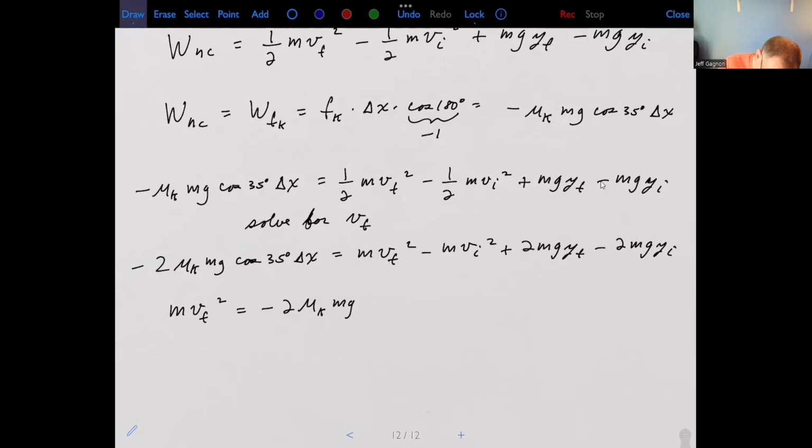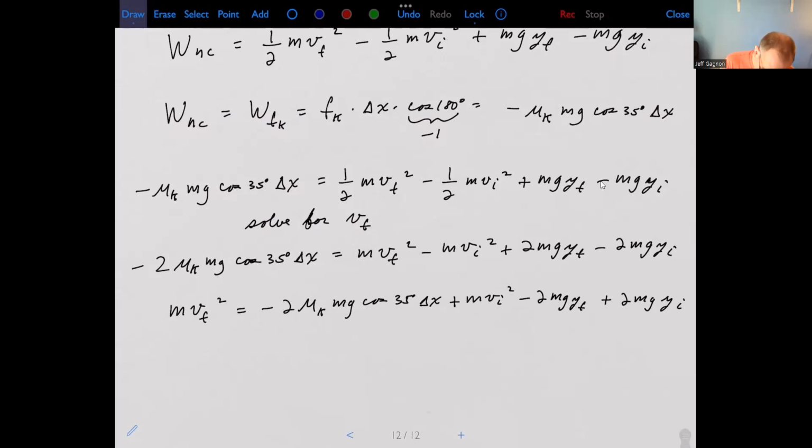This is just a little bit of algebra you have to work through. So this will become plus m v initial squared minus 2mg y final, and then plus 2mg y initial. It changes all the signs.